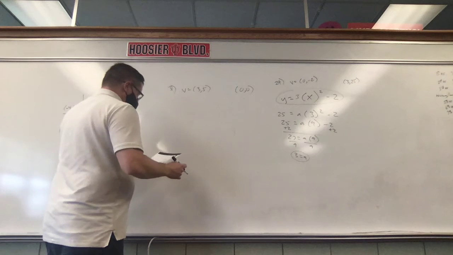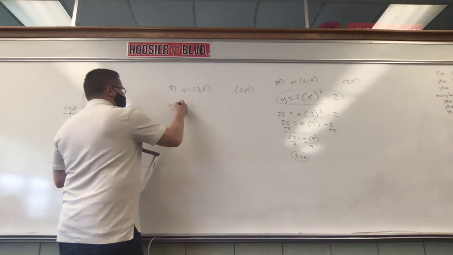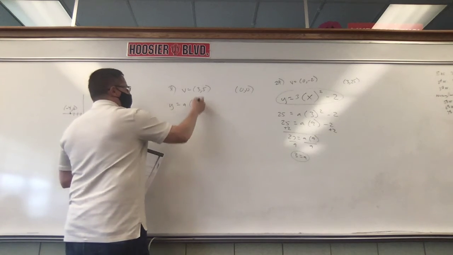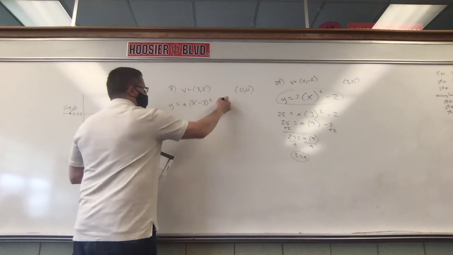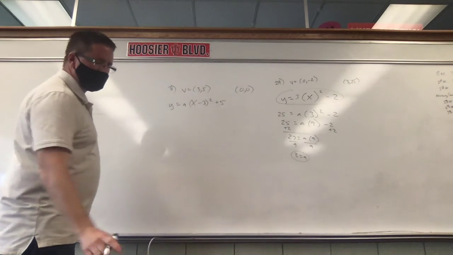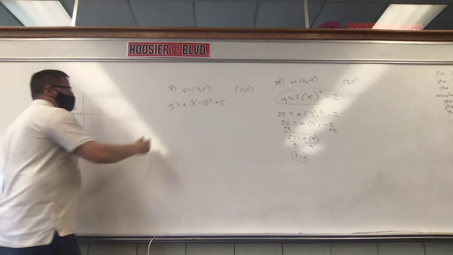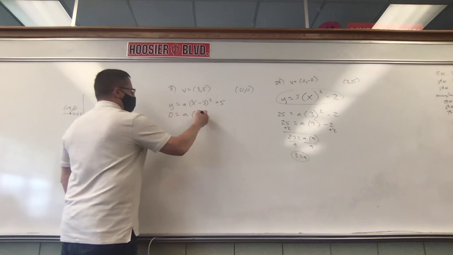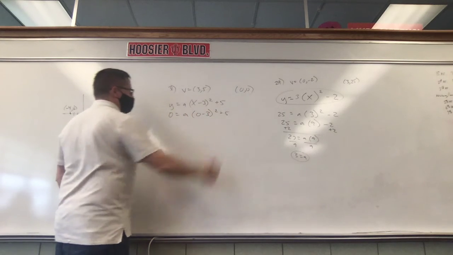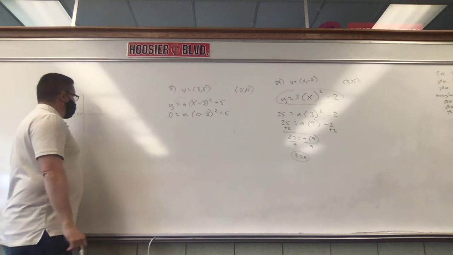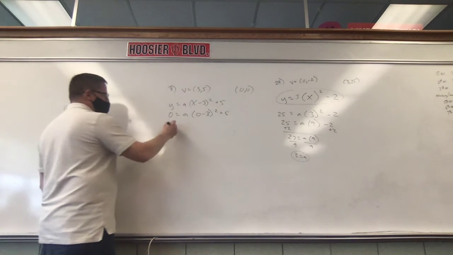All right, so again, y equals a times (x minus 3) squared plus 5. Then we plug in (0, 0). 0 equals a times (0 minus 3) squared plus 5. Again, I'm going to show every single teeny tiny step. You can skip some here and there though.